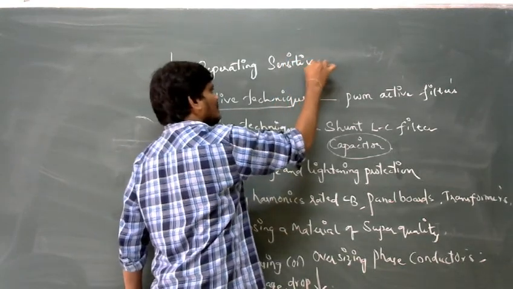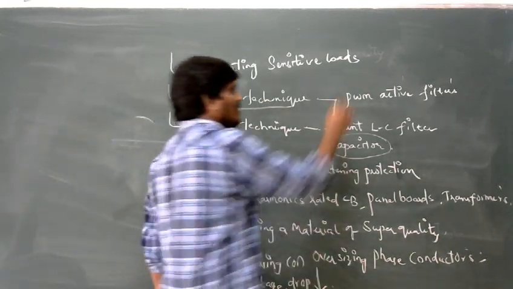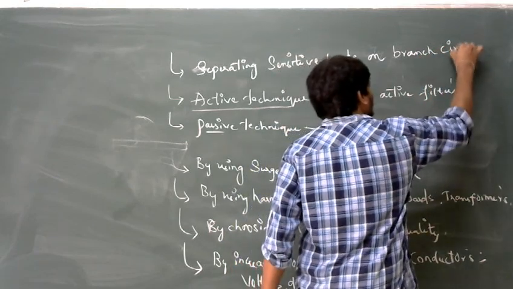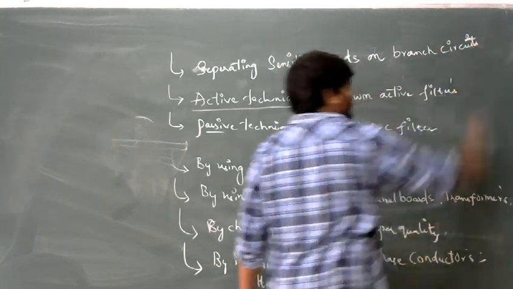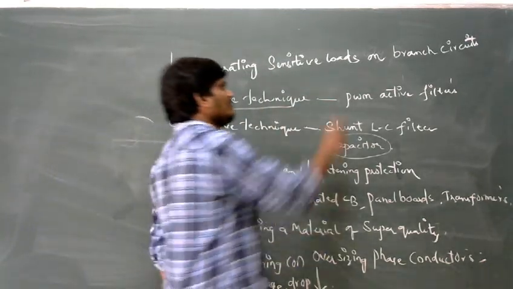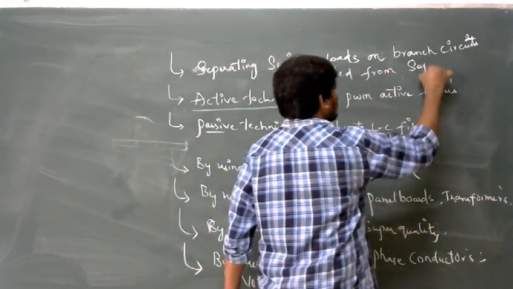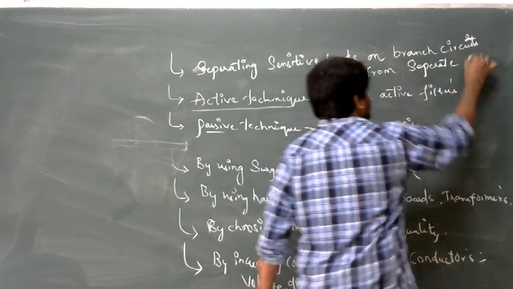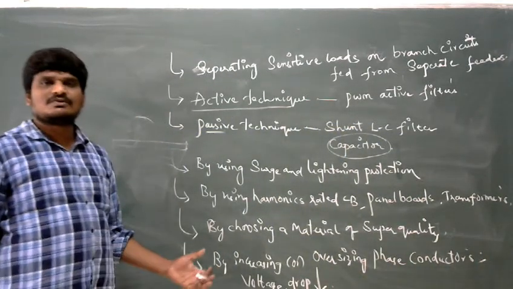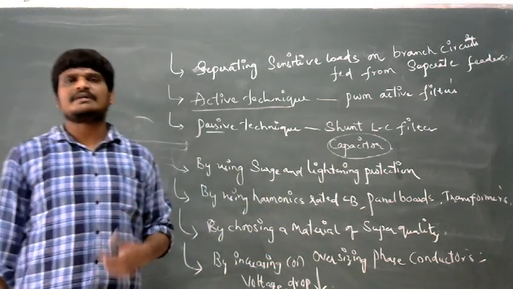By separating or segregating sensitive loads on different branch circuits which are fed from separate feeders, these are some of the techniques which are used to reduce the power quality problems and which help in improving the power quality to a certain extent.